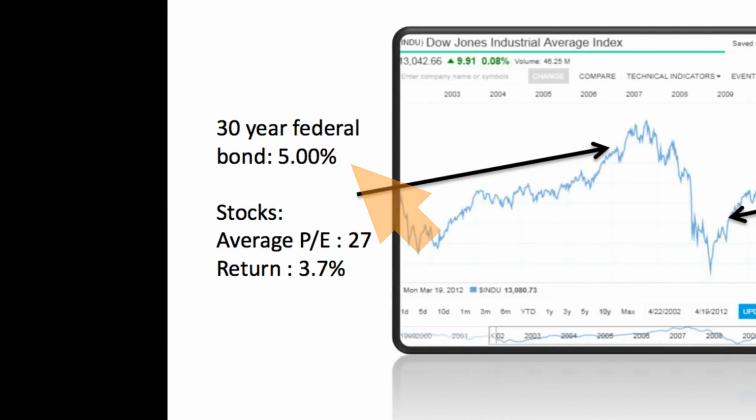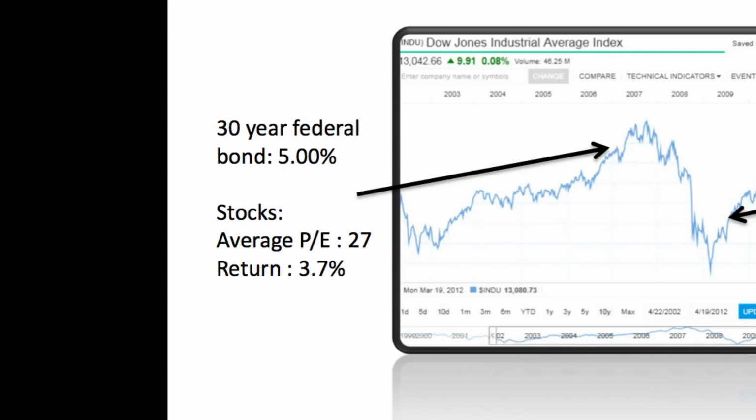And then, if you've gone through the first unit, you understand what the price to earnings ratio is, and if you don't, I recommend that you go back and watch that first unit before you jump to the second unit, because this will make a whole lot more sense. During that same time, at the beginning of 2007, the average price to earnings ratio on the Dow Jones was 27.